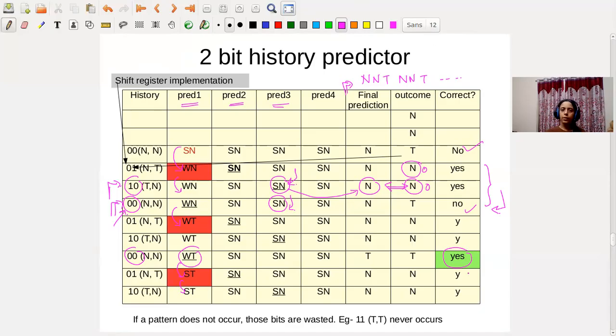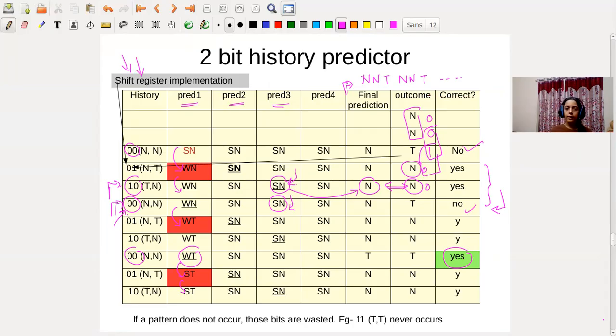And you'll also notice one more thing here, that it is easy to implement this history bit. It is simply like a shift register. You keep using these and shifting them. So you have 0 0 initially, and then 0 1 comes in, and then 1 0 comes in, and so on. So it's really like a shift register that's being implemented.